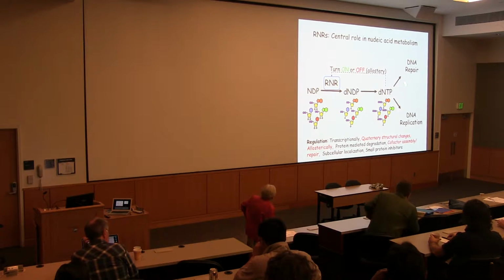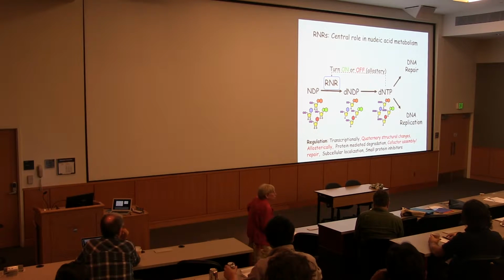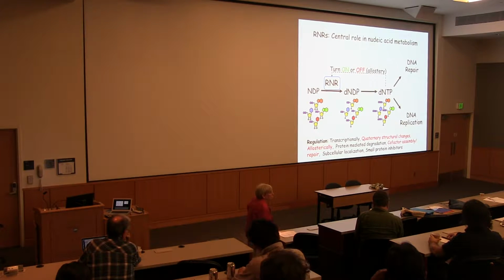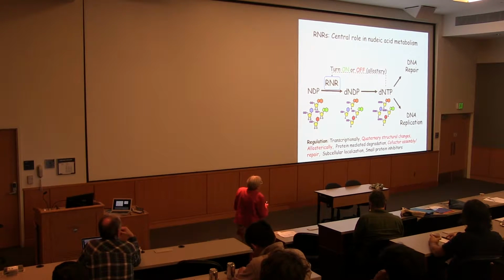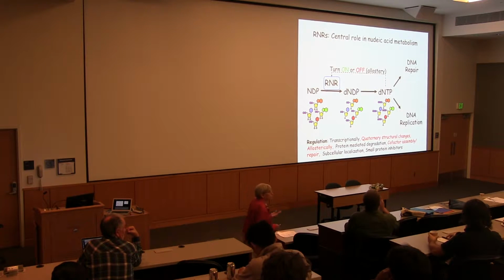So this enzyme not only makes these building blocks, but it controls the relative ratios of the deoxynucleotide pools, essential for fidelity of replication and repair, and it also controls the absolute amounts, which helps the cell decide whether it wants to arrest or continue living or send itself into apoptosis, given its vital role in nucleic acid metabolism.